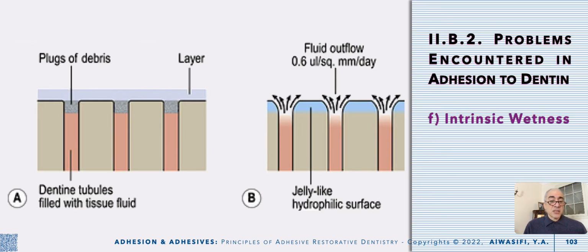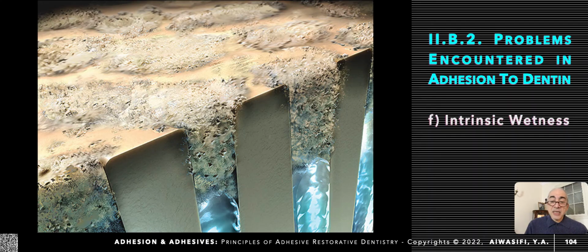This is a schematic diagram showing the dentinal tubules, which are plugged with smear layer plugs and superficial layer. Once you remove it, you will face a hydrophilic surface. And this is another colored schematic diagram showing that the dentinal plug and superficial layer are already blocking the dentinal tubules, reducing their permeability and controlling their fluid content.